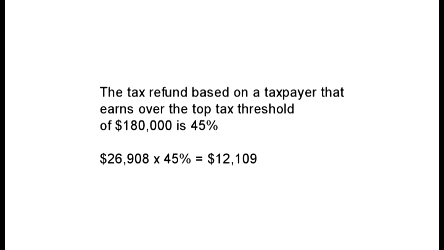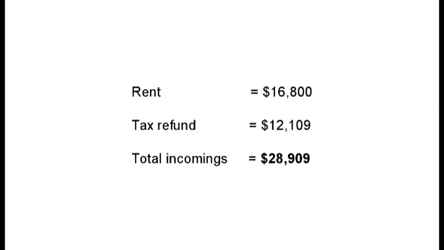The tax refund based on a taxpayer that earns over the top tax threshold of $180,000 is 45%. $26,908 multiplied by 45% equals a tax refund of $12,109.